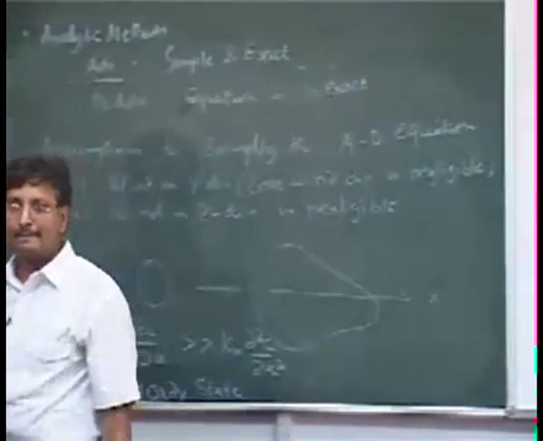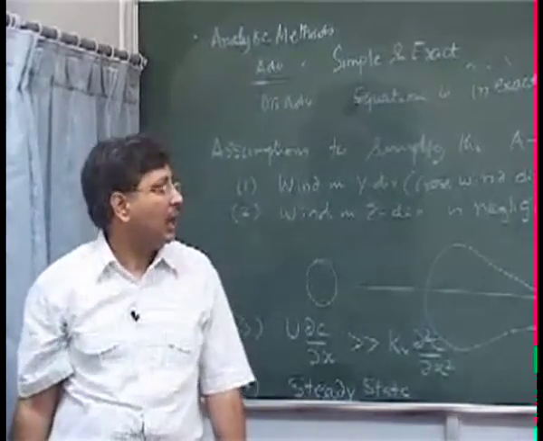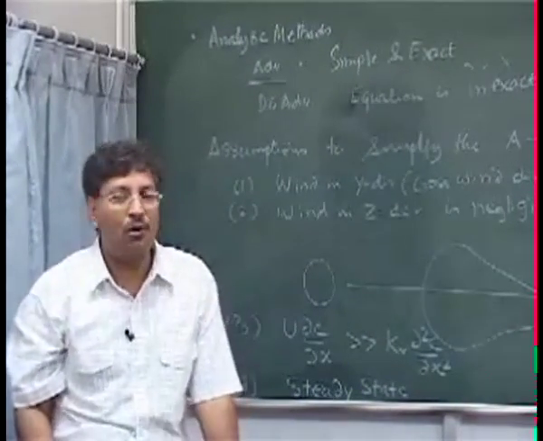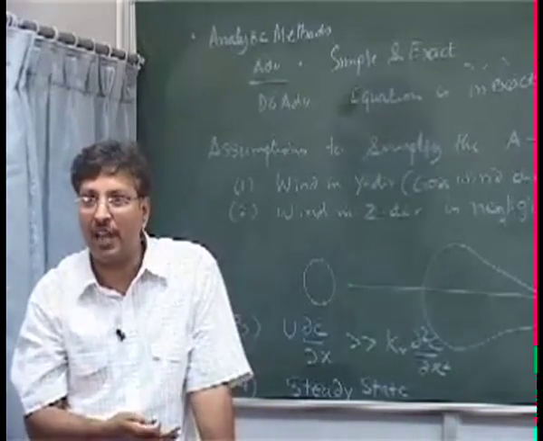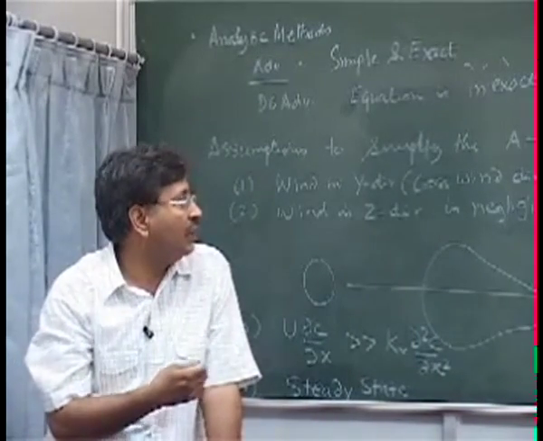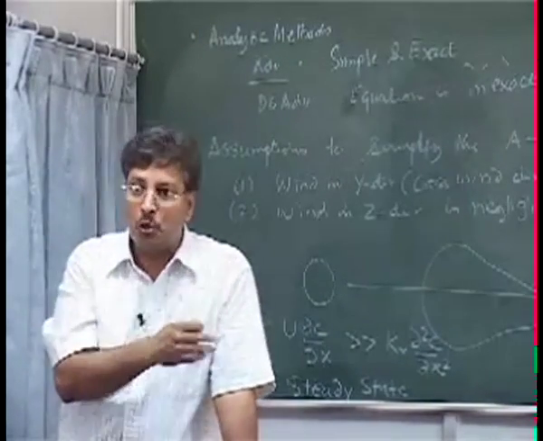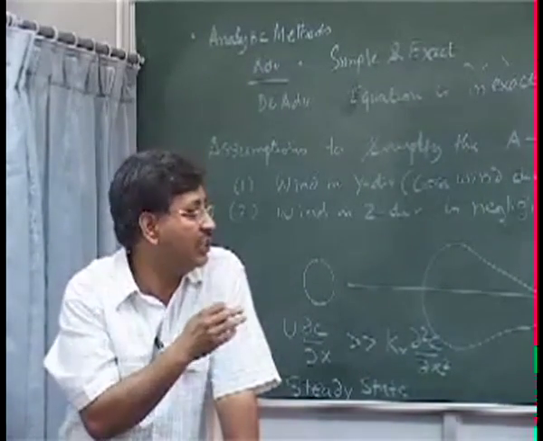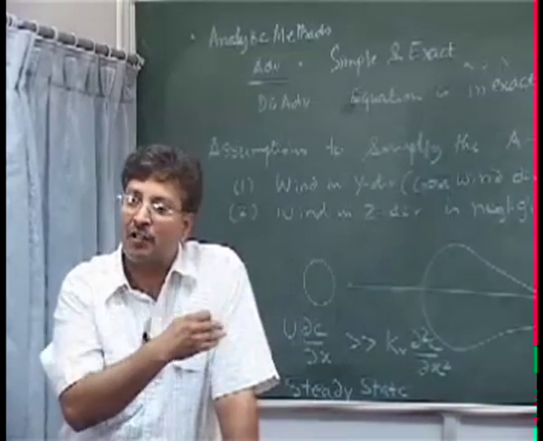And other implicit assumptions, you all know about this one, that dispersion coefficients are not functions of time, they are not functions of space, and another important implicit assumption is that u, the wind speed in the direction x, is neither a function of time nor a function of space.